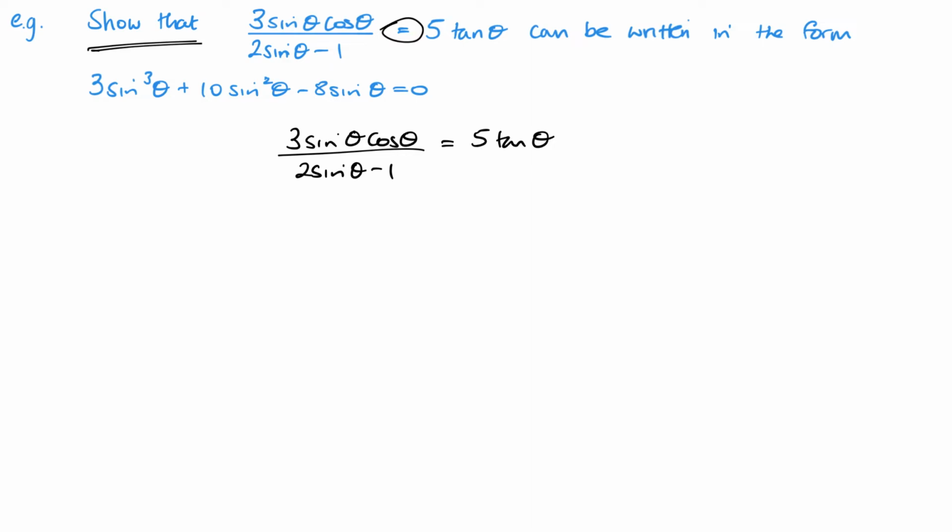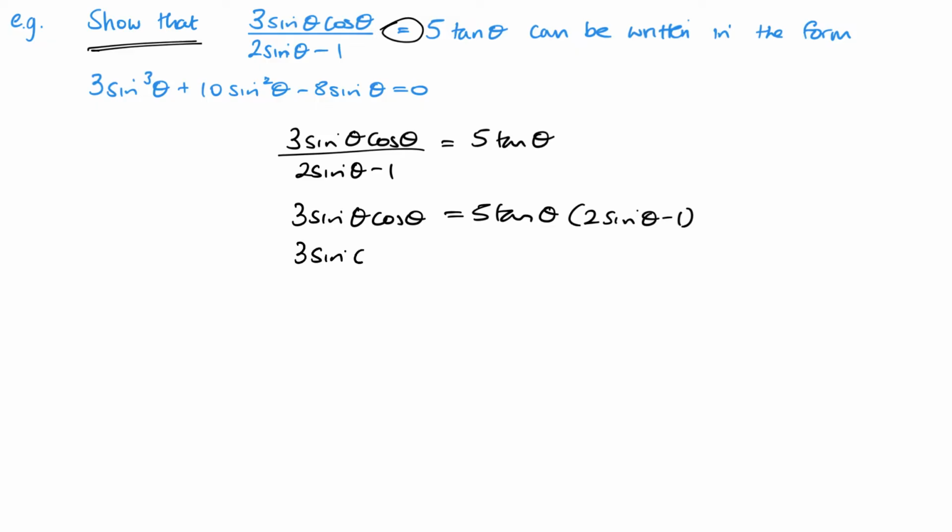So what I want to do is multiply both sides by 2 sine theta minus 1. So 3 sine theta cos theta equals 5 tan theta times 2 sine theta minus 1. Now this is to get rid of that fraction, and quite clearly I don't have a fraction in my final answer, what I'm trying to get to.